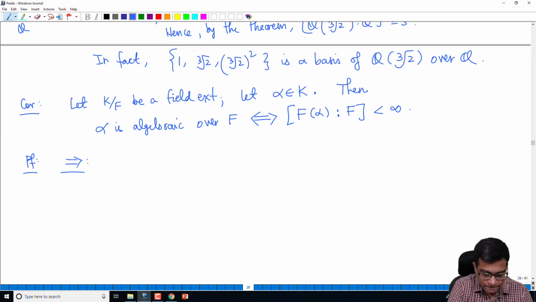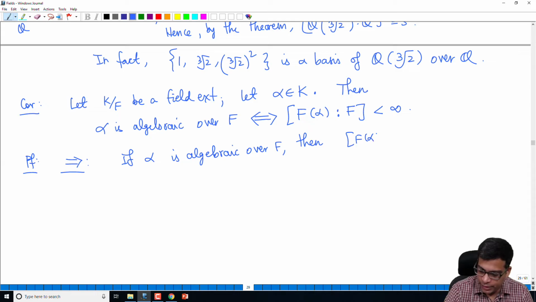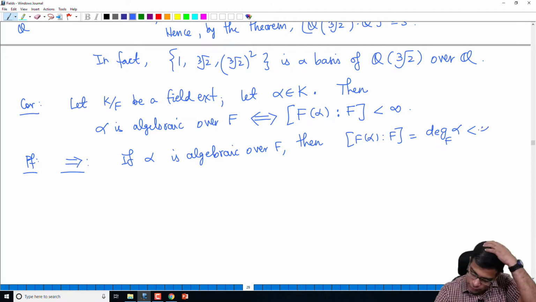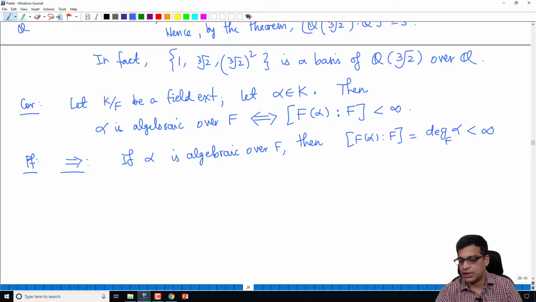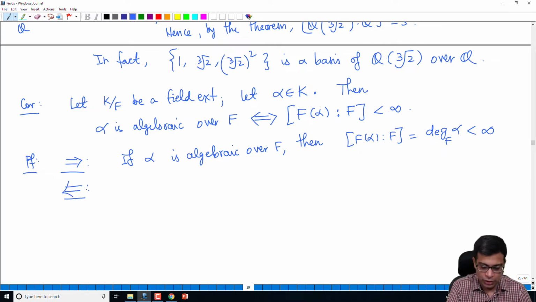In this direction, suppose alpha is algebraic over capital F. Then by the theorem the degree of the field extension is the degree of the element over F, which of course is a finite number, because if alpha is an algebraic element, its degree is the degree of its irreducible polynomial, which is a number. So this is an immediate corollary of the theorem.